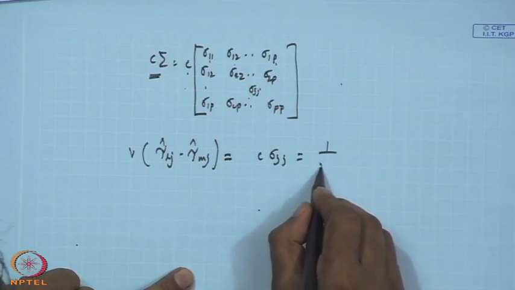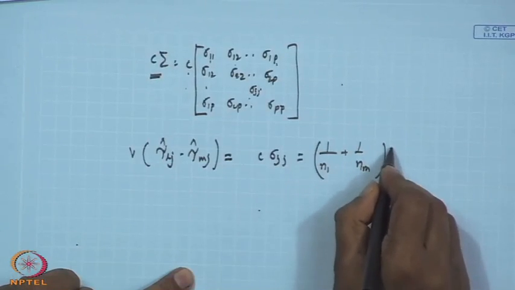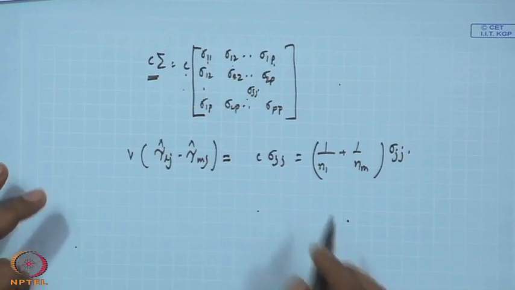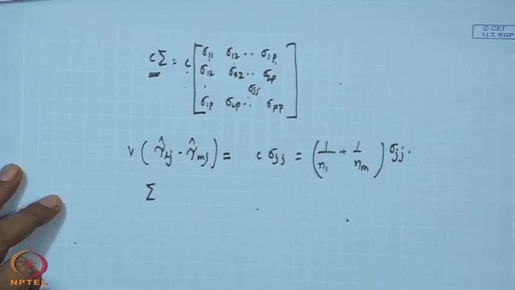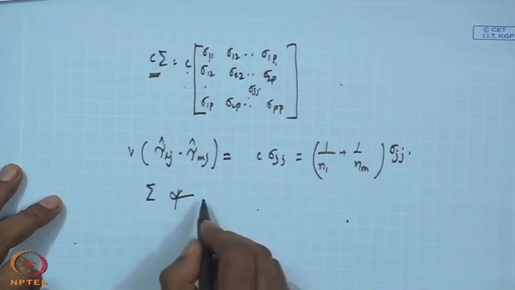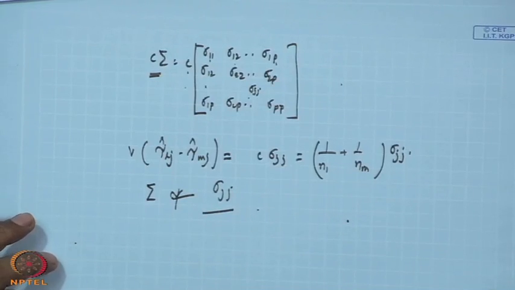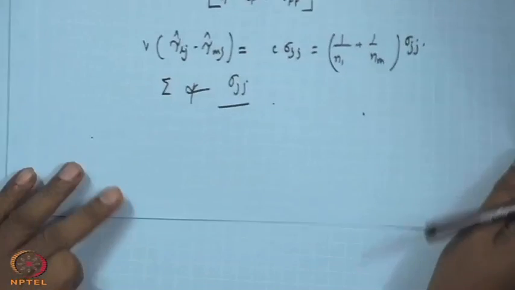That means it is 1 by N L plus 1 by N M, times sigma jj. But please remember, we do not know the capital sigma, which means we do not know sigma jj either. So what will be the estimate of sigma cap?